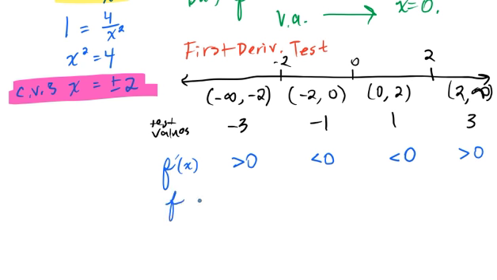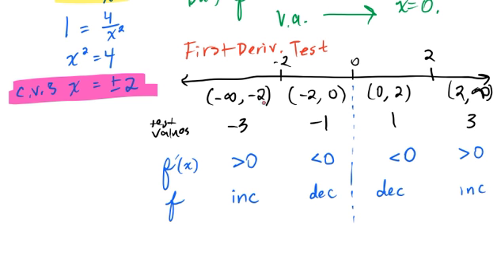So that tells us that because f prime is positive, the function is increasing on the interval from negative infinity to negative 2. And then because f prime is negative, f changes to decreasing on the interval from negative 2 to 0. Then we have that vertical asymptote at 0. The function is still decreasing after 0 and then increasing again after 2.